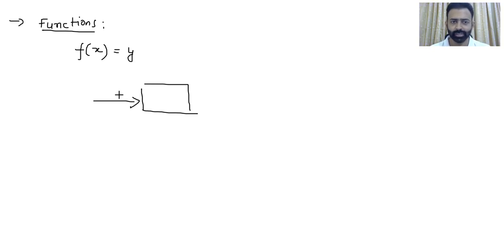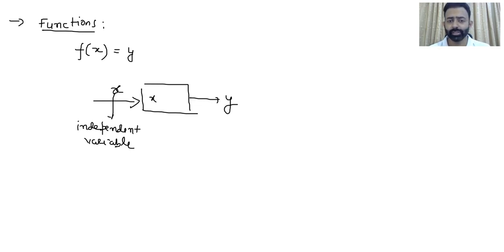So x is the input variable, called the independent variable, because independently you can change the value of this x. Depending upon this x, you will get a certain value y, depending upon the definition of the function.